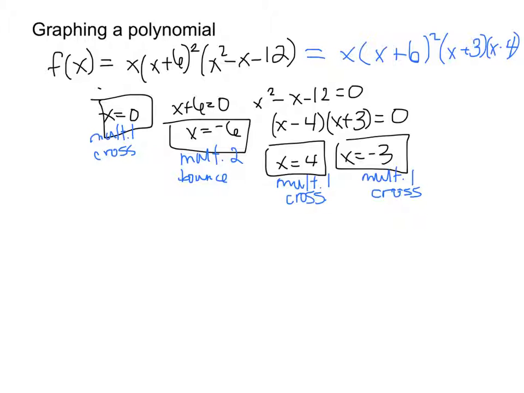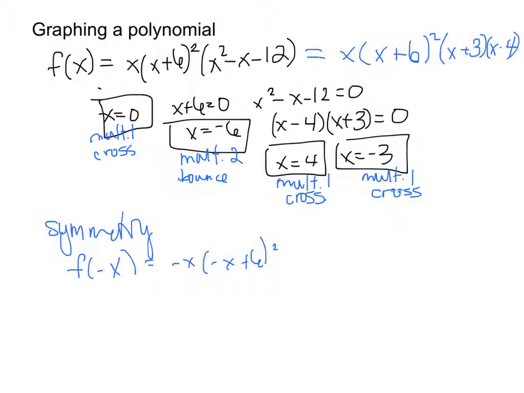Let's go back and check symmetry here. In order to do that, we need to look at f of negative x. So if we evaluate f at negative x, we have negative x, we have (negative x plus 6) squared, and then we have (negative x) quantity squared minus a negative x minus 12.